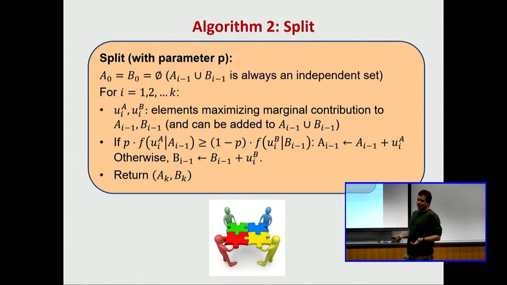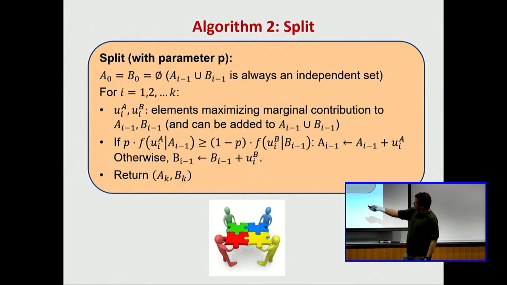You start, and the two kids have the same evaluation function of the toys. Each one of them chooses the best toy with respect to its current set right now. If one is better than the other, you give this toy to one of them, and otherwise to the other. Then again, each one of them chooses the best toy so far. If this one is better than this one, you split the toys between them. Eventually you get two independent sets that are together a base.